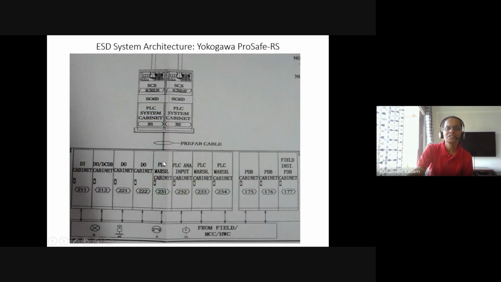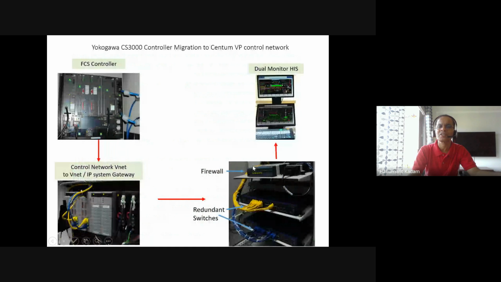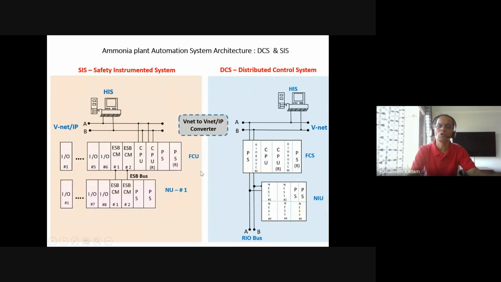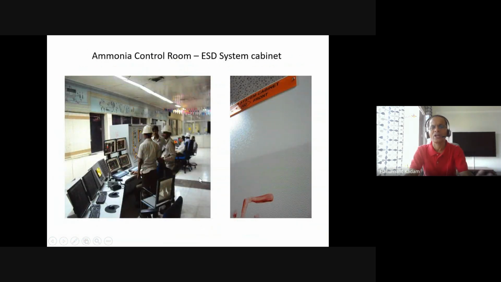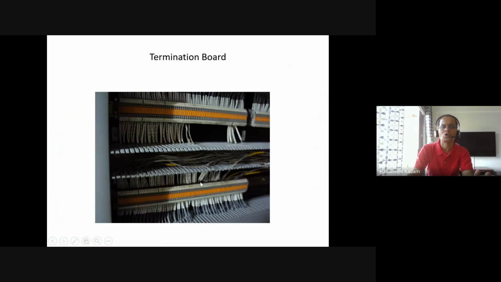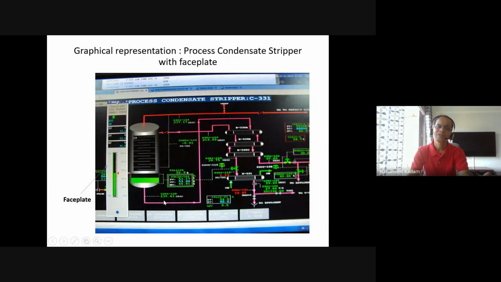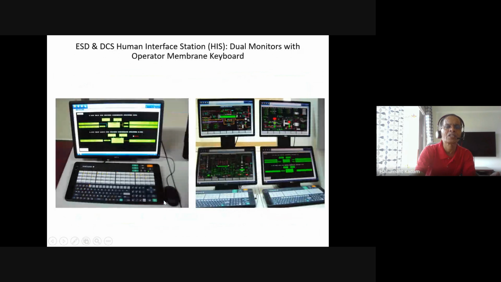The ESD system is ProSafe, the name of the product. I'm skipping that part now because I have already discussed the hardware of the Yokogawa, and time is very short. We'll have some other day for the emergency shutdown system, and I will explain that system then.